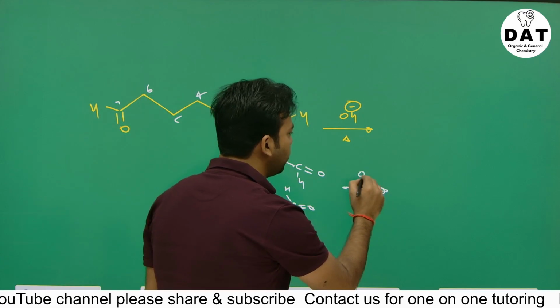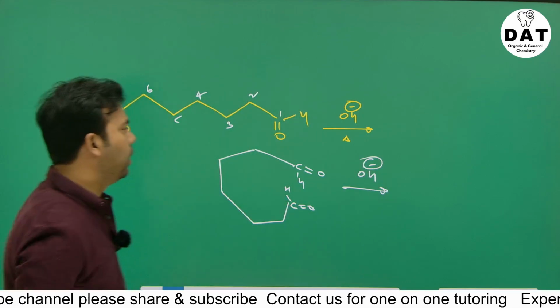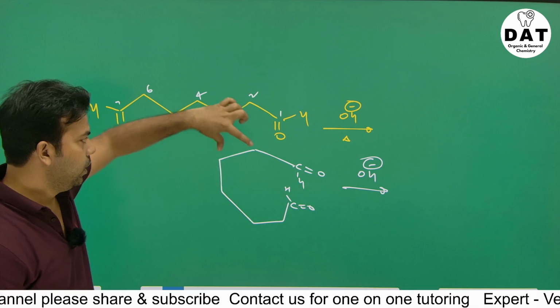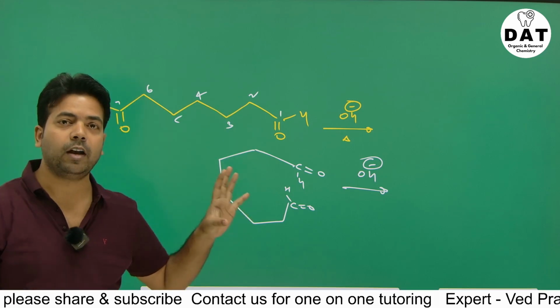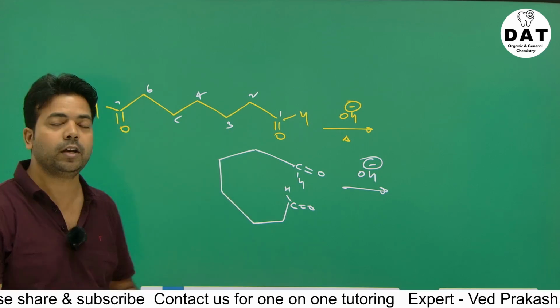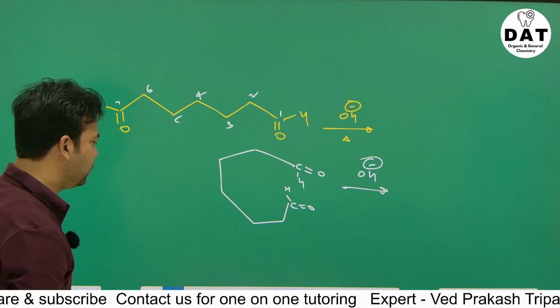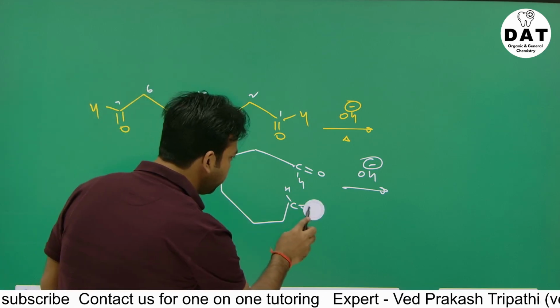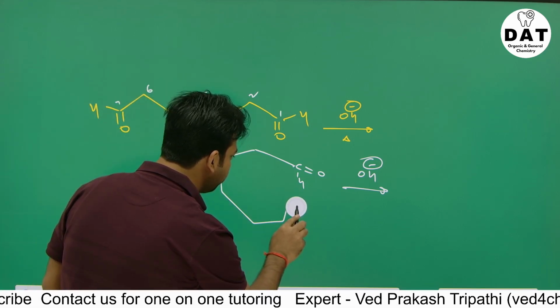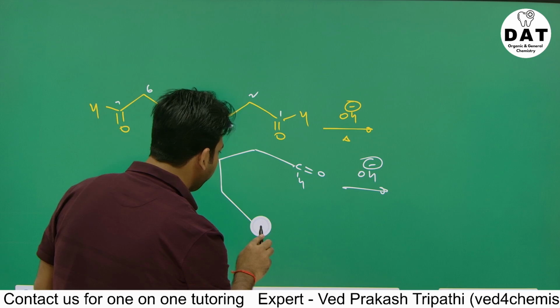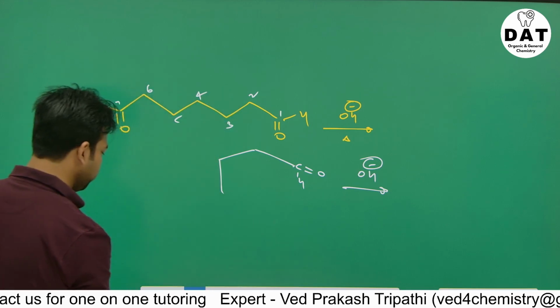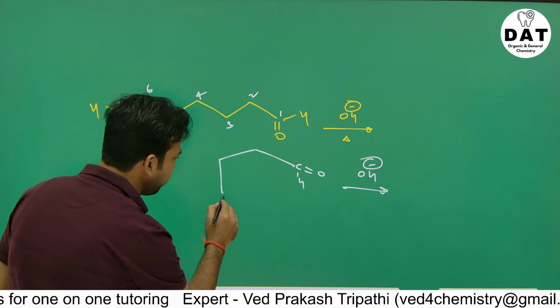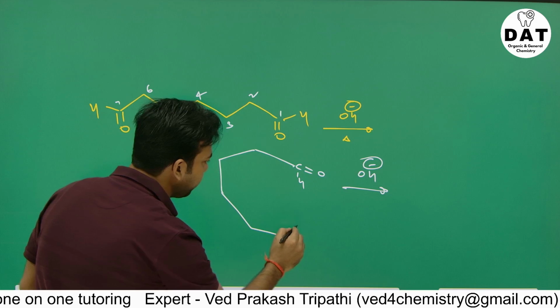Now look at the trick here. I said that on one side you have to remove the alpha hydrogen and on the second side you can remove its carbonyl oxygen. So I can draw this one in such a way. Look at here, like this.